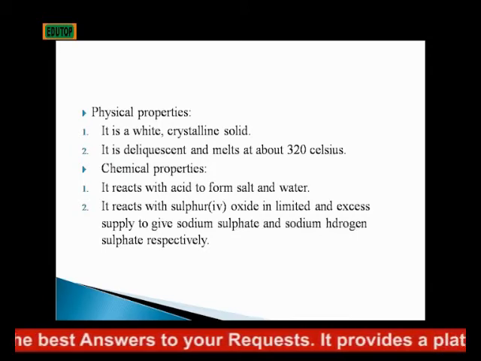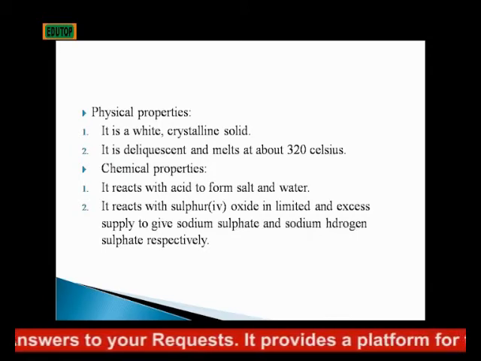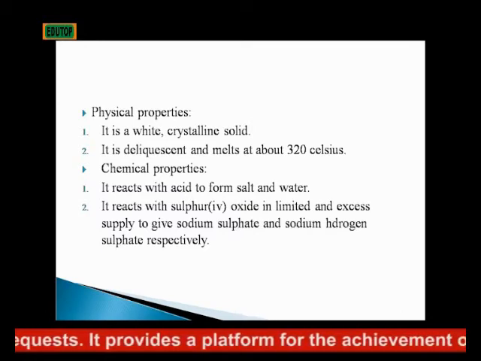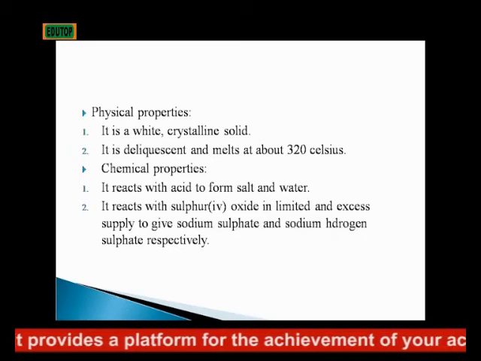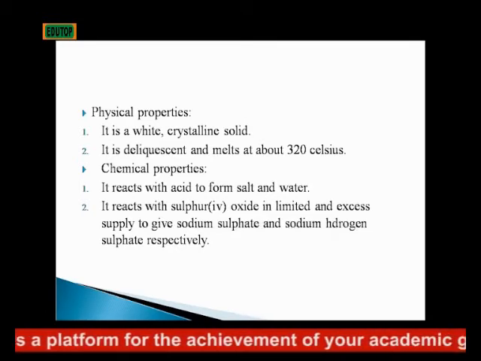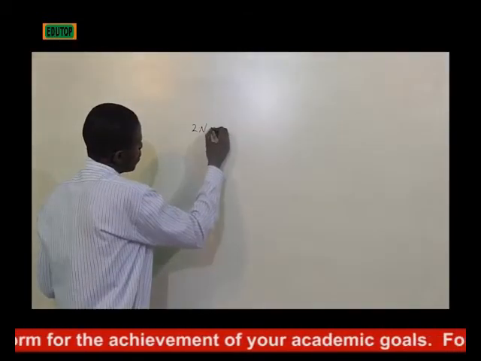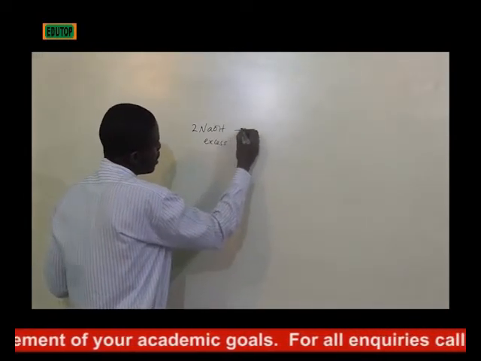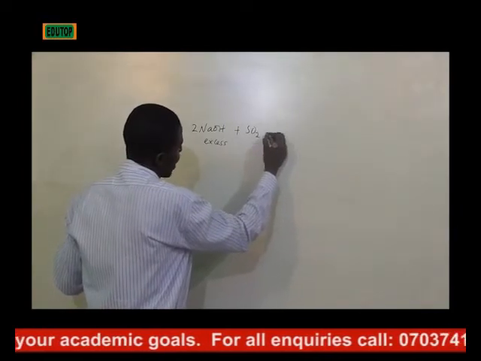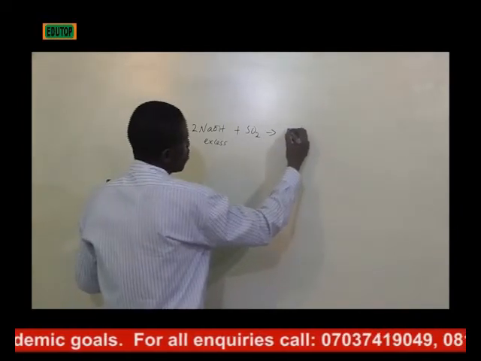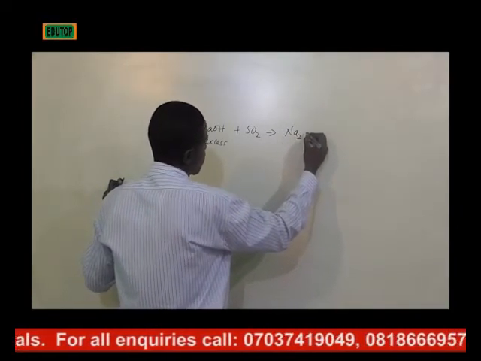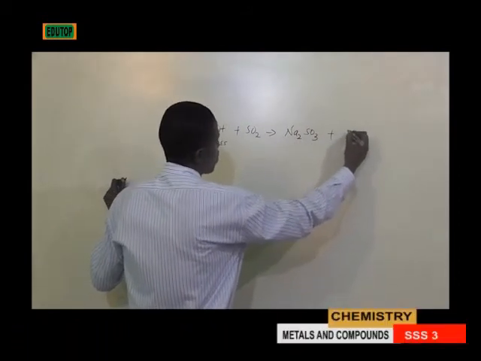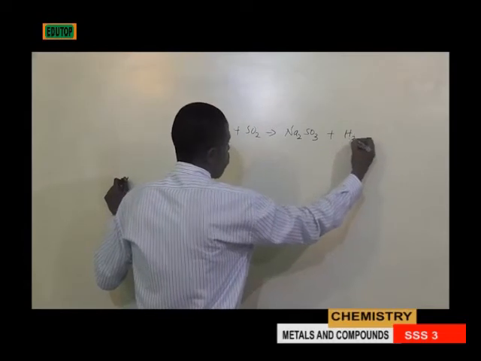2. It reacts with sulfur(IV) oxide in excess and limited supply to give sodium sulfite and sodium hydrogen sulfite respectively. Sodium hydroxide in excess with sulfur(IV) oxide gives salt plus H2O.